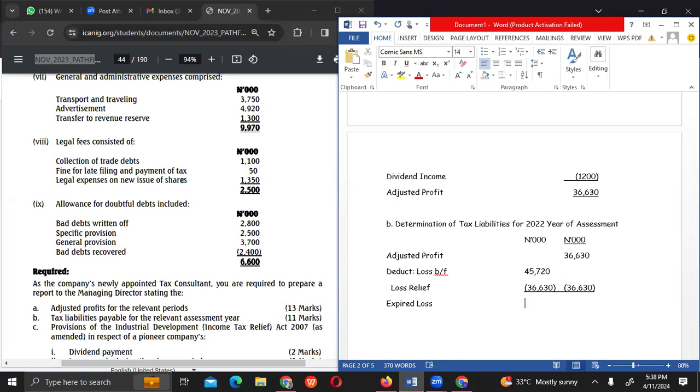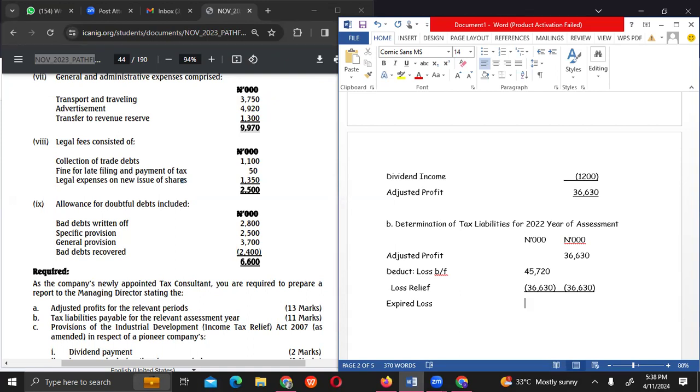Do you get it? I didn't get it, sir, please, that's not clear. When I was explaining before, we said that loss made in the pioneer period will be carried forward to the post-pioneer period. But the law provides that the loss will be absorbed just for a year. You understand?